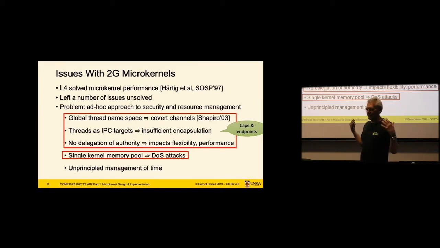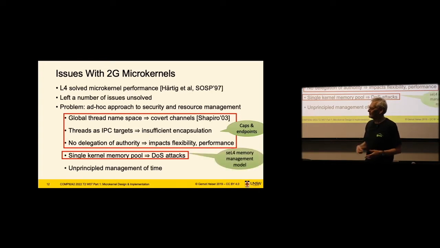That way you can force the kernel to run out of memory and then deny service to others. So that's obviously bad. How did we solve that in SeL4? Kernel doesn't manage memory. Exactly, by making it the user's problem, basically.